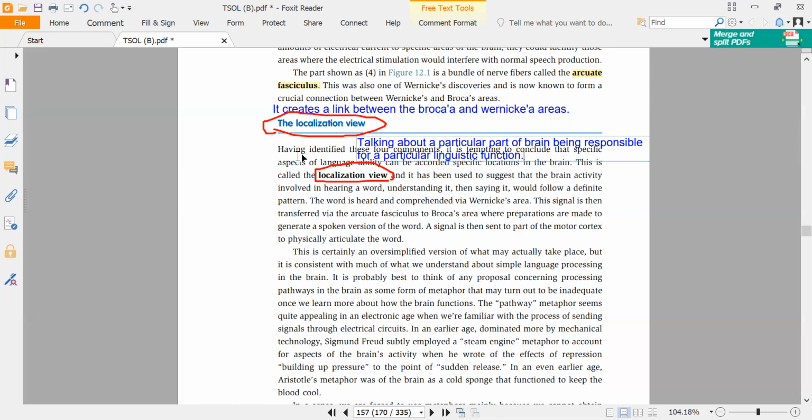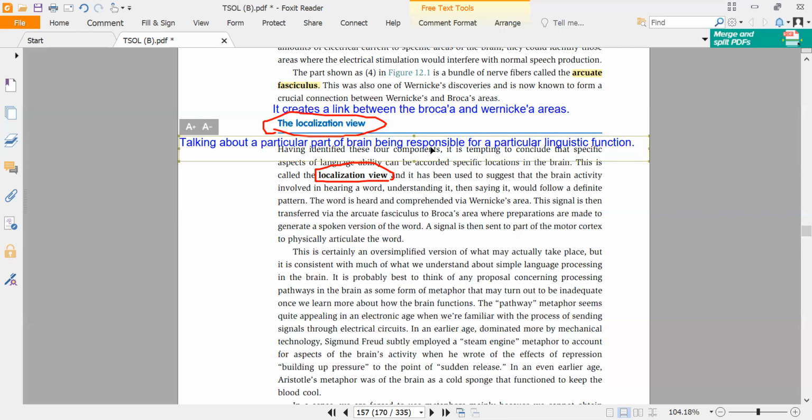What do we mean by this? Let's suppose we say that Broca's area is responsible only and only for the production of speech, and it cannot perform any other role. It has nothing to do with the comprehension of speech. It is responsible only and only for the production of speech, right?